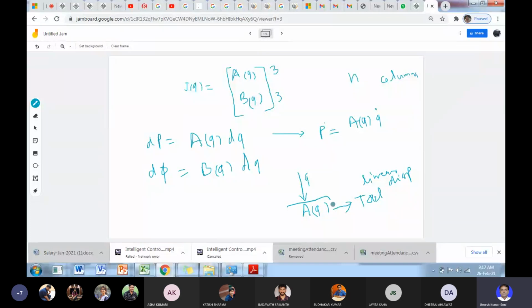This is p dot and this is q dot, the joint velocity, and this is the linear velocity. So the linear velocity of the tool is represented by A(q) times q dot, that is the joint velocity.